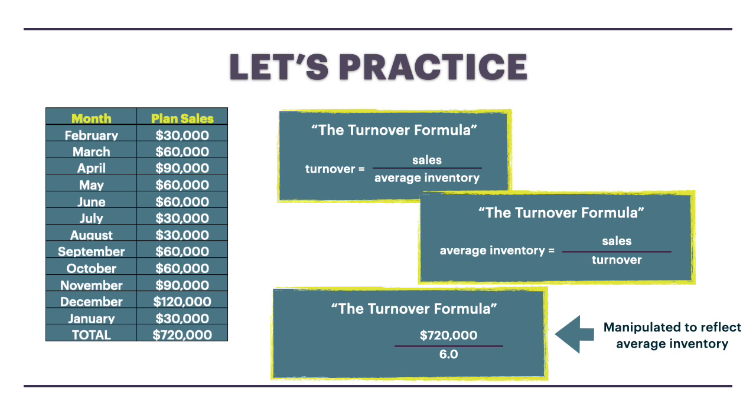Now we want to plug in the data that we know. We know that sales are $720,000, and our turnover is 6.0. So if we take $720,000 and divide it by 6.0, we get $120,000.